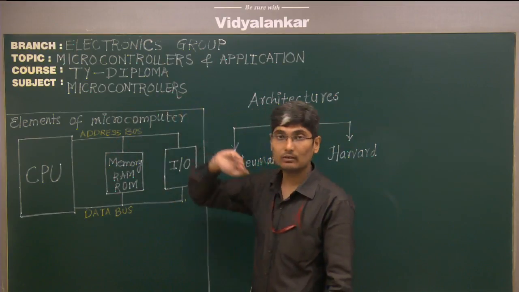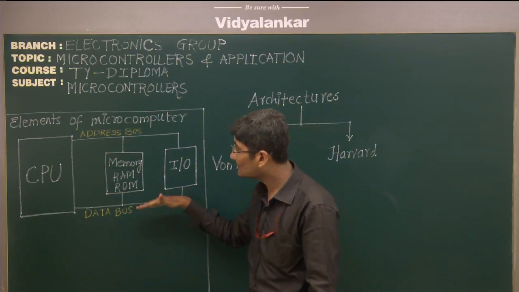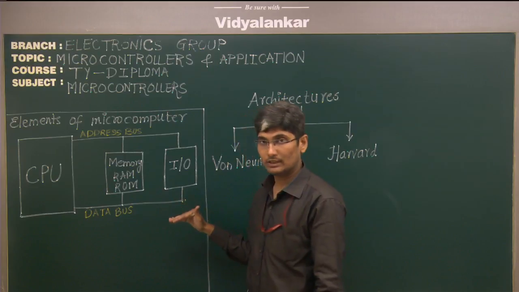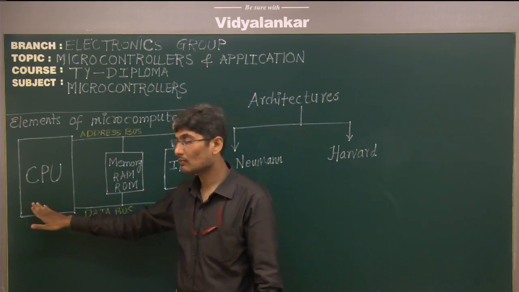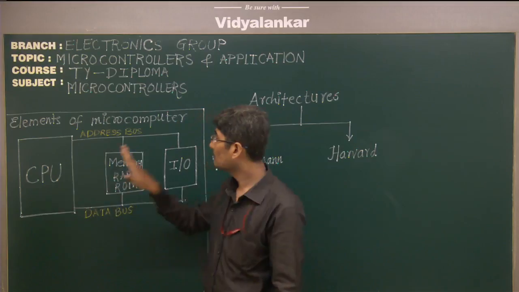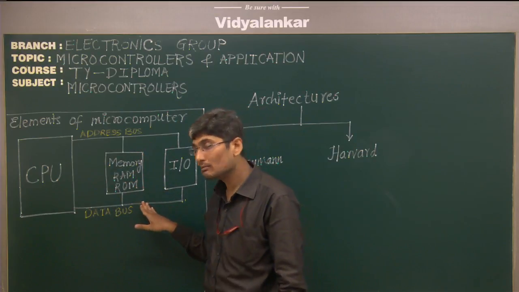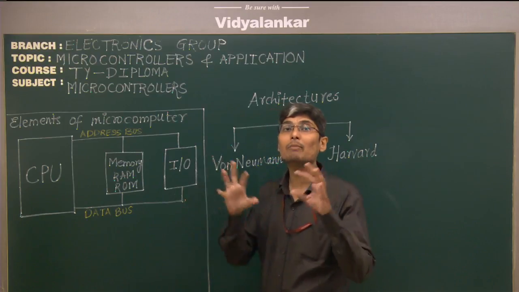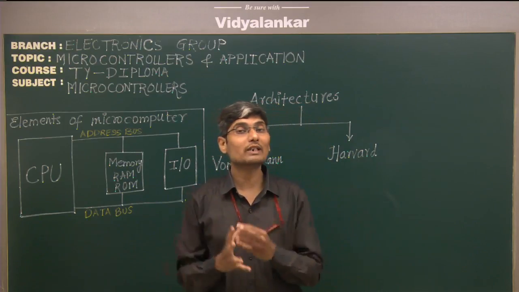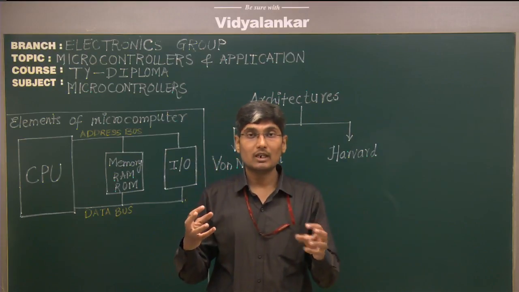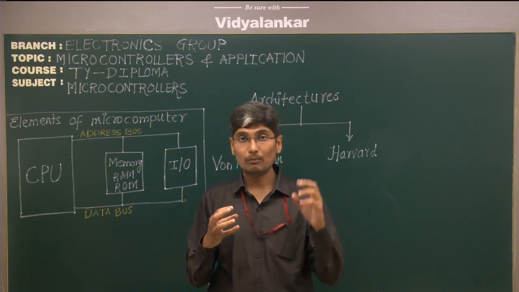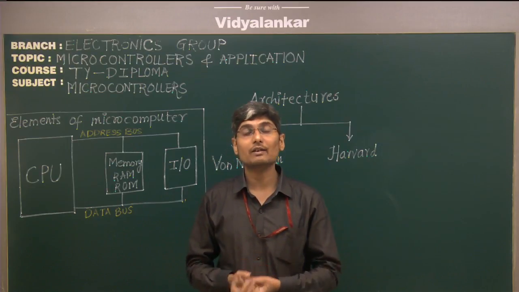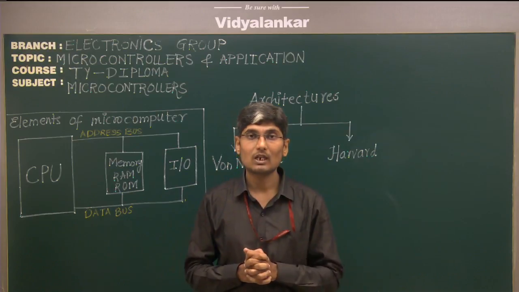So now we have understood the basic elements of a microcomputer. Now, I will come to microcontrollers, and how to relate this topic, microcomputers, to microcontrollers. A microcontroller has a CPU, which we call the core, the memory, both RAM and ROM, the I/O ports, that is input and output devices, and the timers, all together packaged onto one chip.